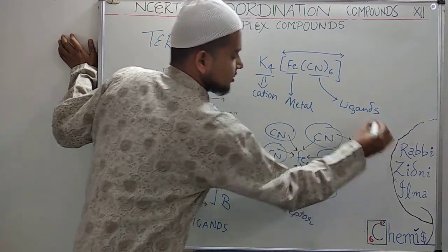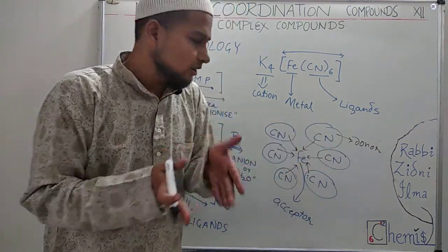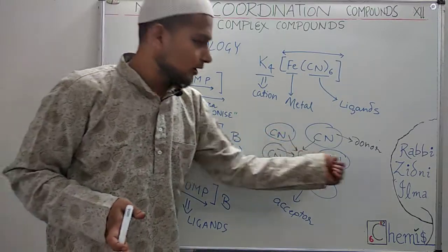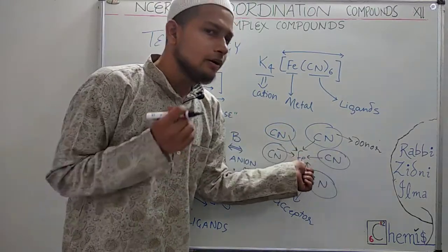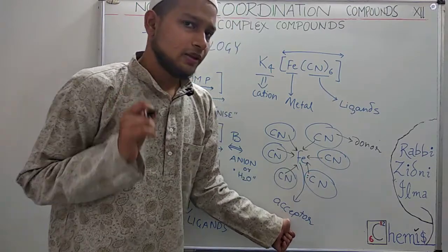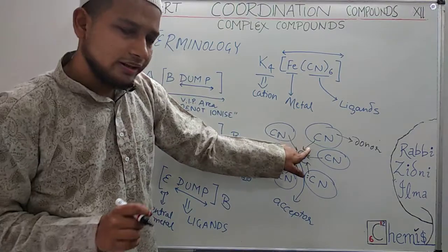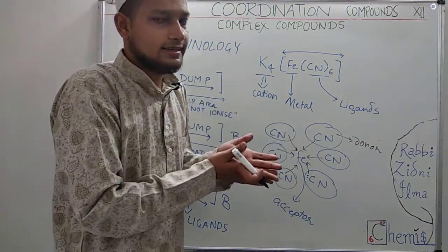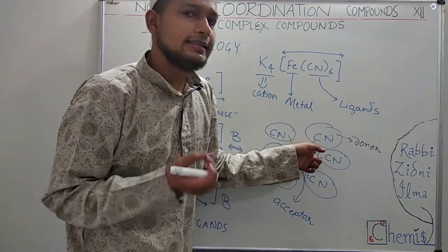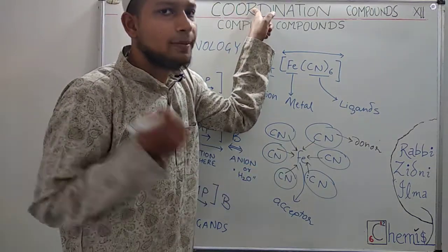In the coordination sphere, there is an acceptor-donor interaction in which the ligands donate their electrons to the central metal, iron, which is our acceptor. The bond formed between them is a coordination bond. In 90% of the cases, it is a dative bond. Hence the name of the chapter: coordination chemistry or coordination compounds.